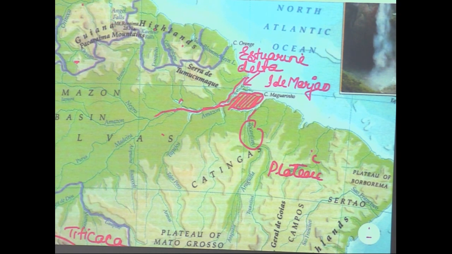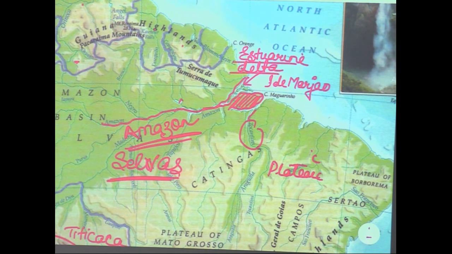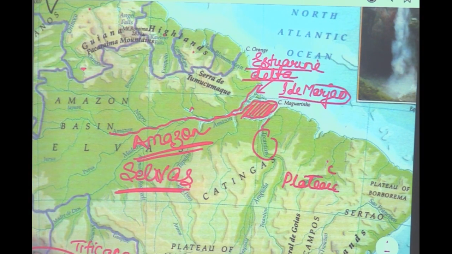River Amazon, the largest river of the world. It becomes important because it has equatorial rainforest called selvas, has an estuarine delta, and Marajo Peninsula, which is considered to be the peninsula developed in between Tocantins River and Amazon River.